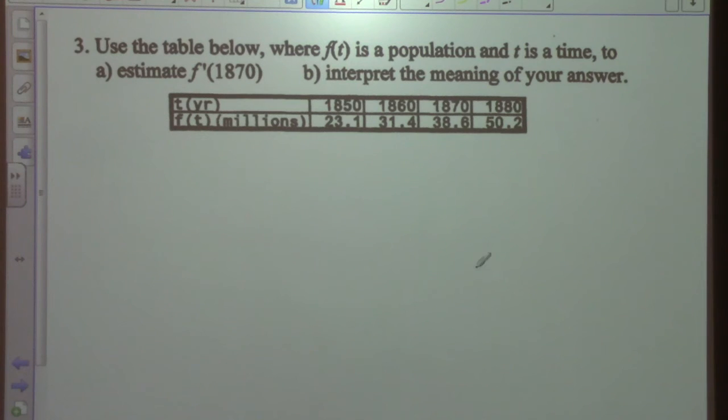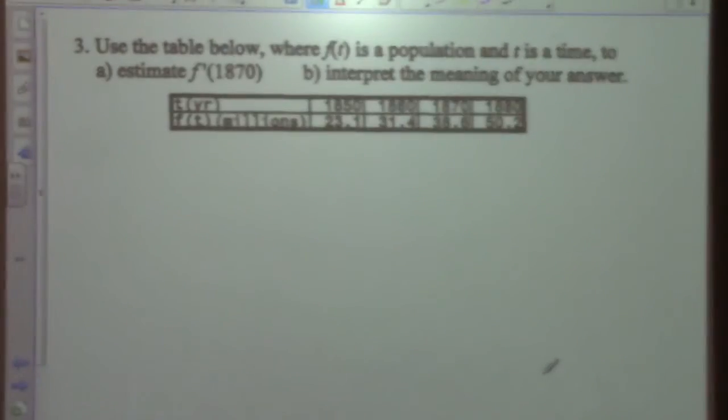Okay, I want you to do number 3 here in the tables. Is this right under number 3? Let's see here.